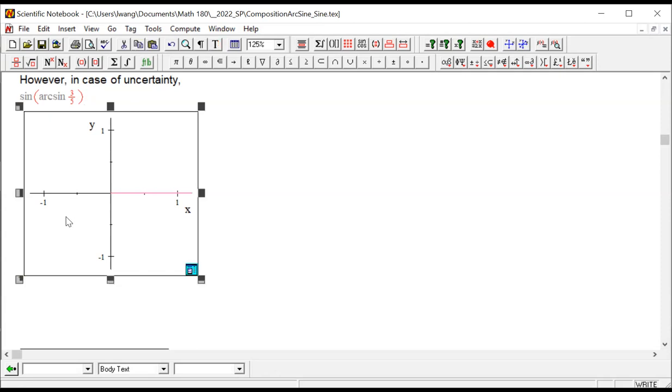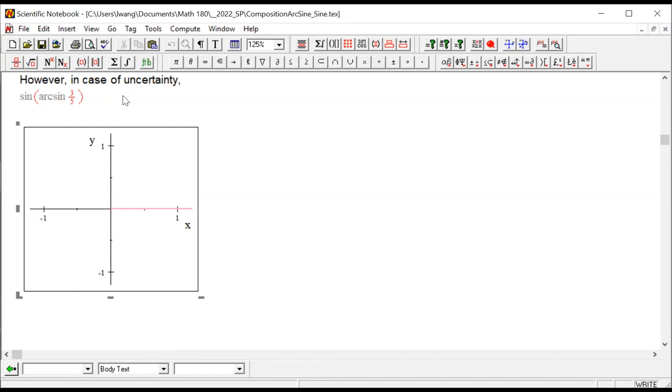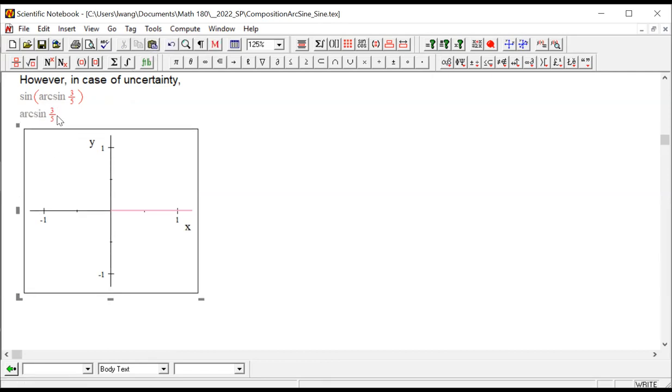But I know the 3 pillar and I know standard position. So I know that arc sine is going to give me an angle. We assume that arc sine 3/5 is going to produce an angle. This angle, I'm going to call it theta. Provided you know the domain and range for arc sine, then because this ratio is positive, we know that sine theta is equal to 3/5.